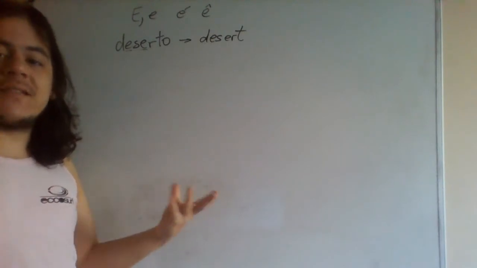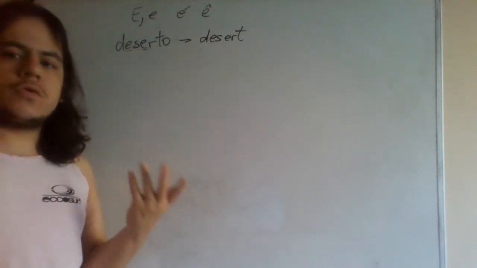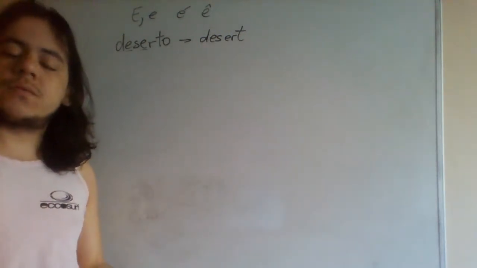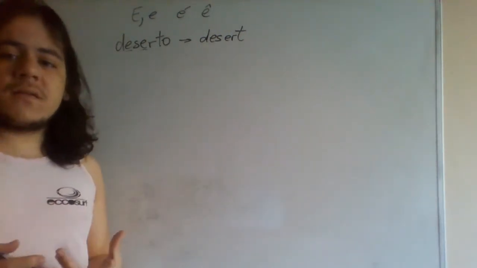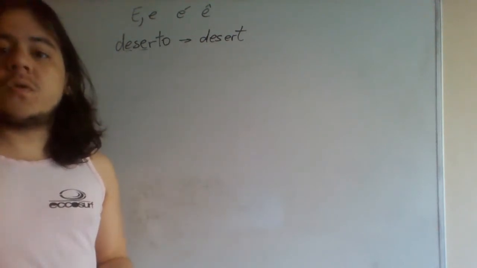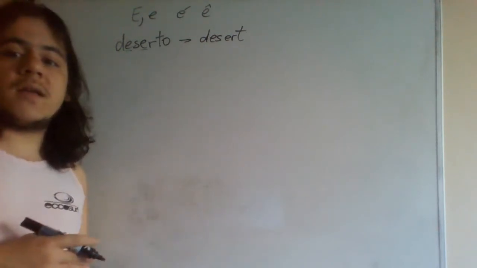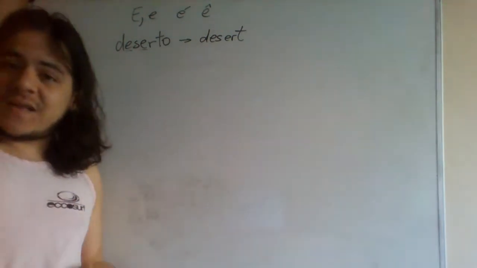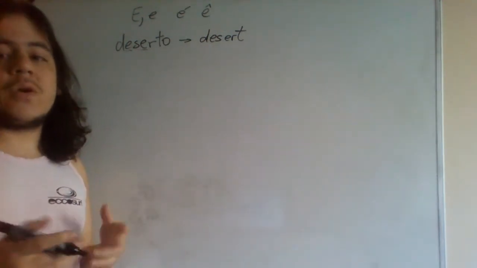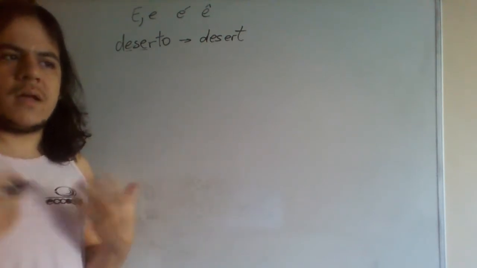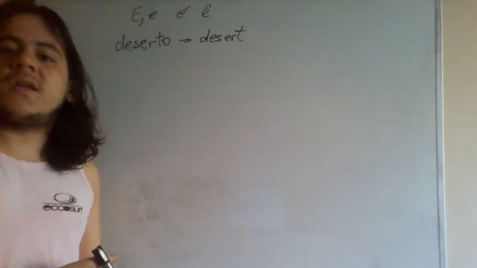For example, when you go to the state of Bahia, people will say it that way. We have different accents. You can choose what you like the most. In Rio, we say it our way. So I'm going to use my own accent, the accent from where I live.